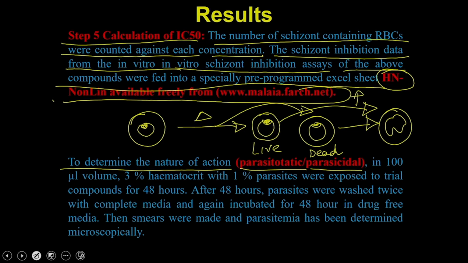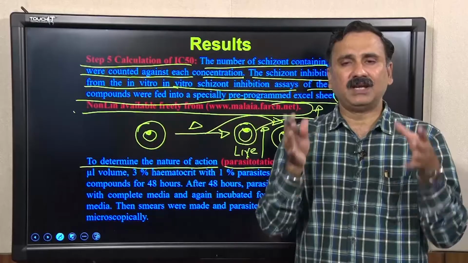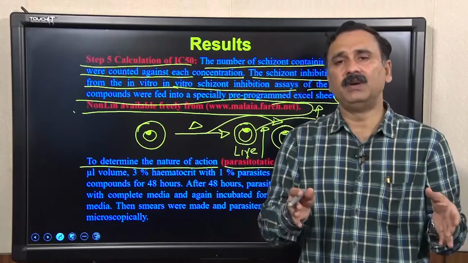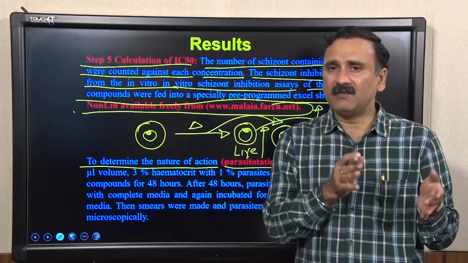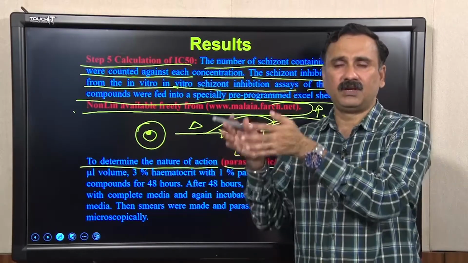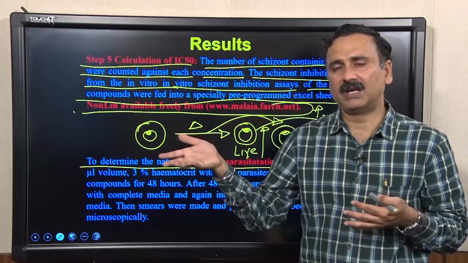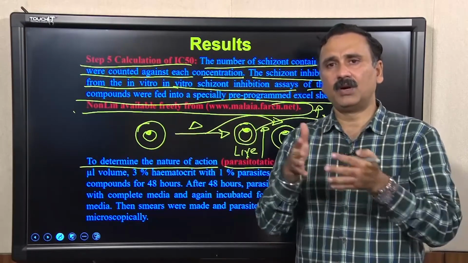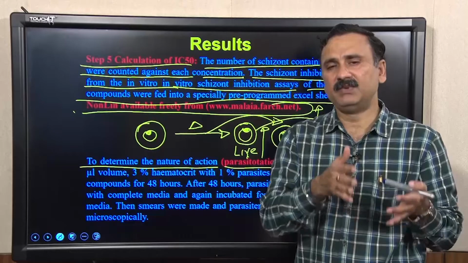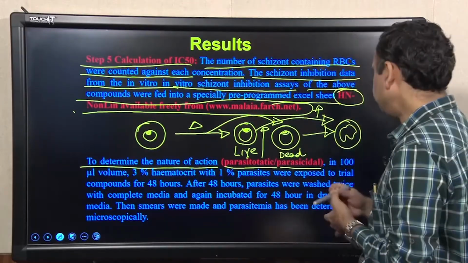Then the compound is going to be called parasitostatic, which means it is only inhibiting the growth of the parasite. But if it is converting the parasite to a dead parasite, then the dead parasite is not going to complete its life cycle, and that is how it is going to be called parasitocidal, which means it is going to kill the parasite.